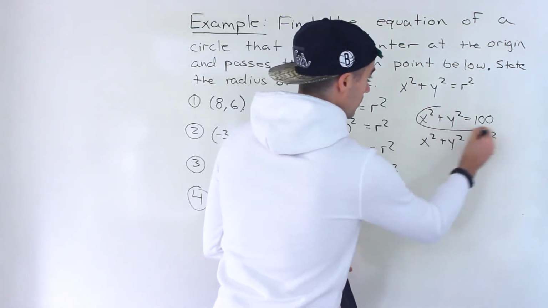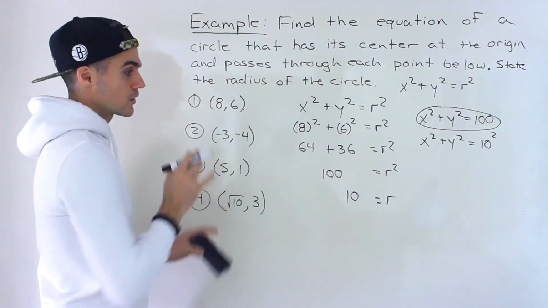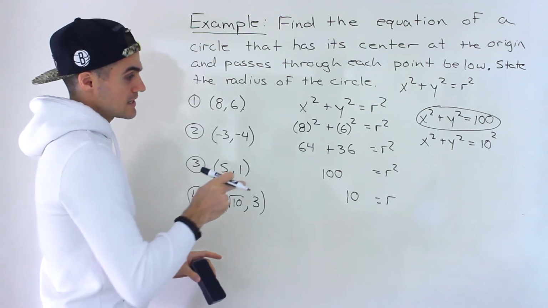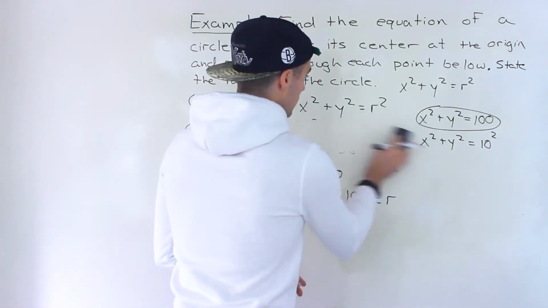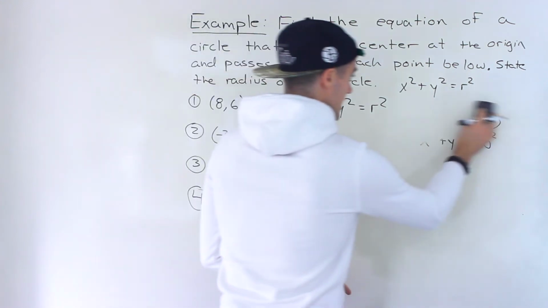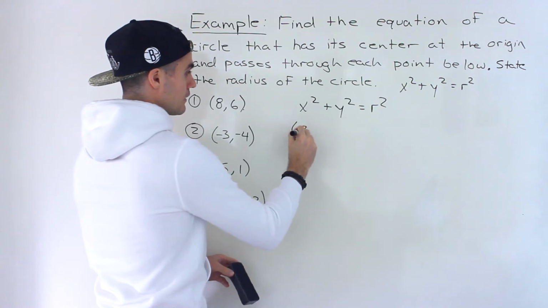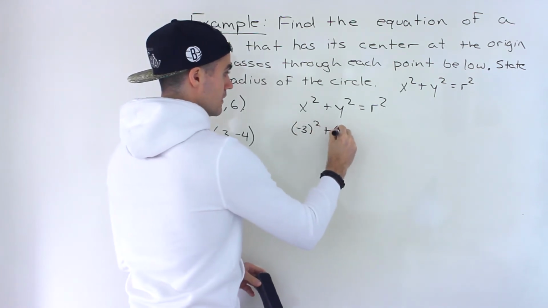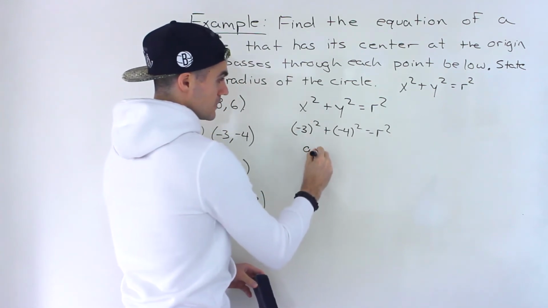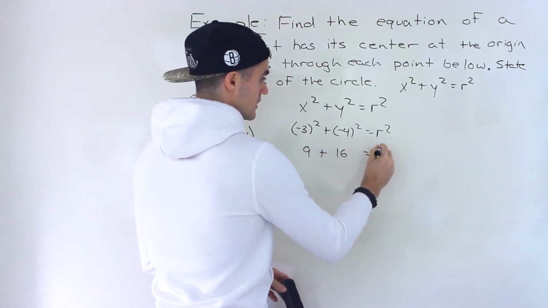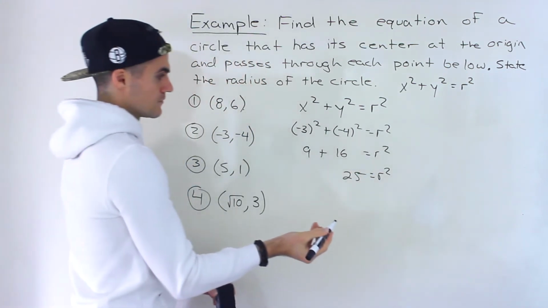Again, this is the more popular one. That's probably what you're going to see in the back of a textbook if you get a question like this. So that's the equation, that's the radius. And then you just follow this exact format for all of these. So you plug in -3 for x here, -4 for y, that's going to be r squared, so we would end up with 9 plus 16, so we'd end up with 25.